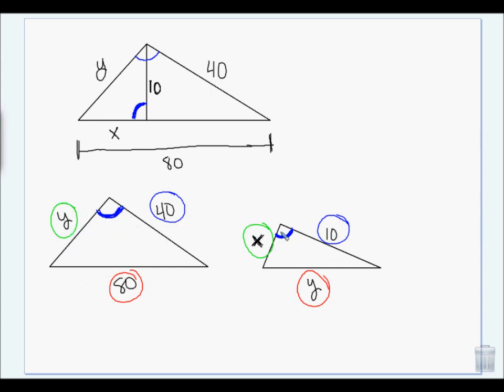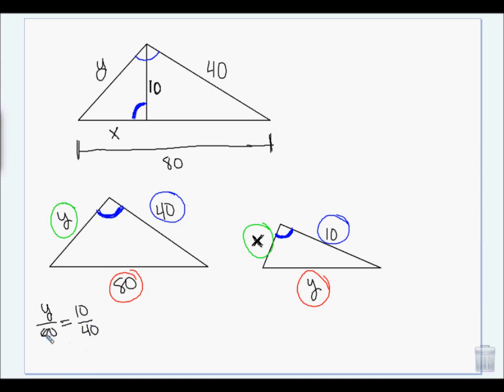And this right here, x going with y, the letter that shows up twice is the letter we have to solve for first. So on this one we solve for y first. We do y over 80 is equal to 10 over 40, which if you want you can reduce that to 1/4, right?